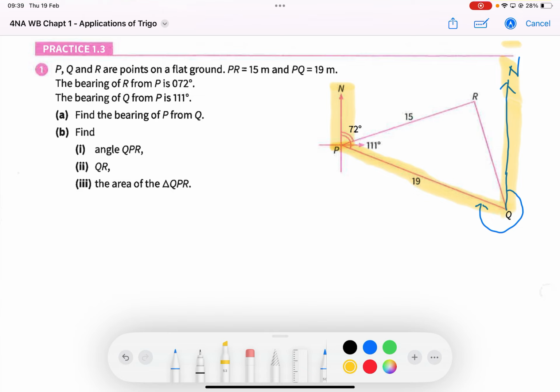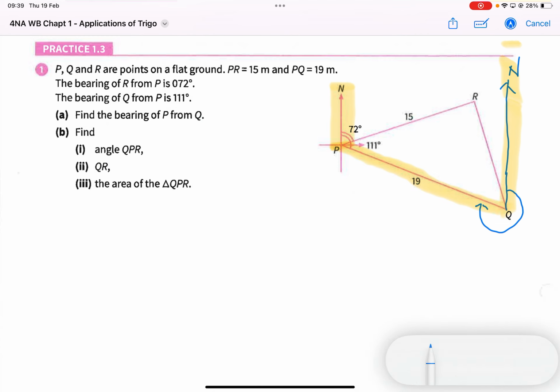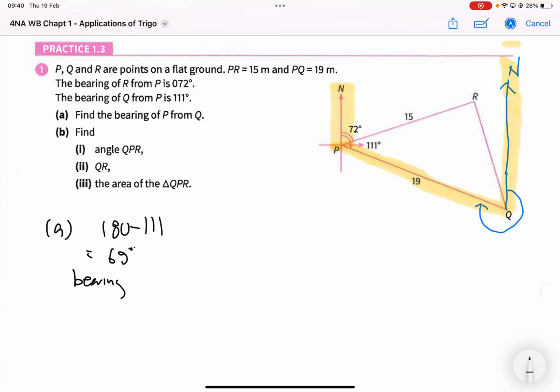This angle plus this angle must equal 180. So for part A, first I find this angle. 180 minus 111 equals 69. Then this one will be 360 minus 69. Bearing of P from Q is equal to 360 minus 69.